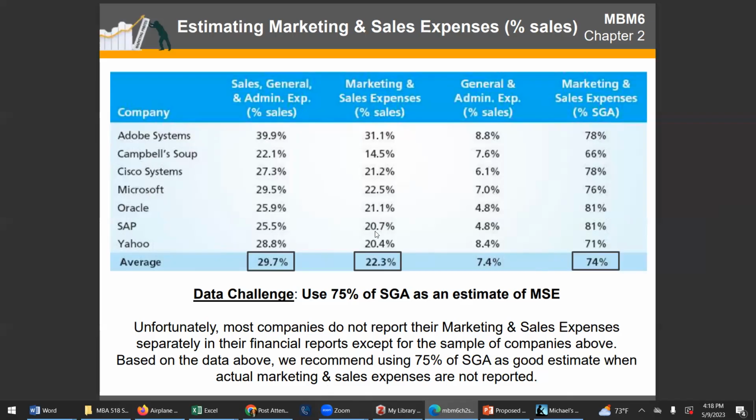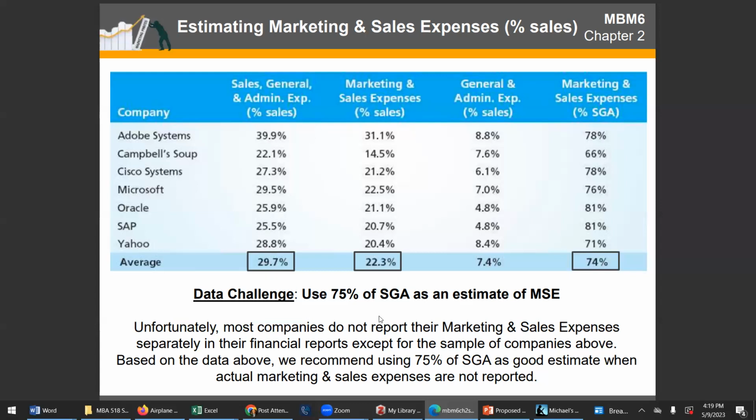Okay. So here, Best, the author, is noting that these companies do indeed break out marketing and sales expenses. Now, for those companies that don't, he is suggesting that 75% of sales, general, and administrative would be a fair estimate of marketing and sales expenses, right? So he's taken the average of SG&A for these companies at almost 30.